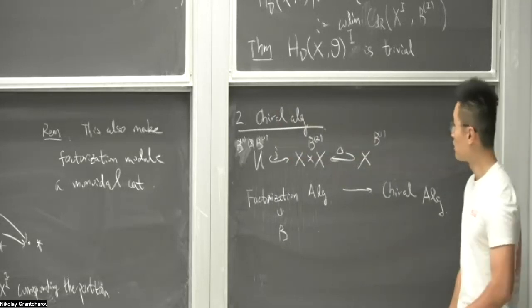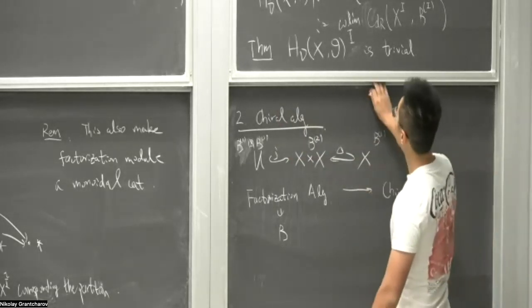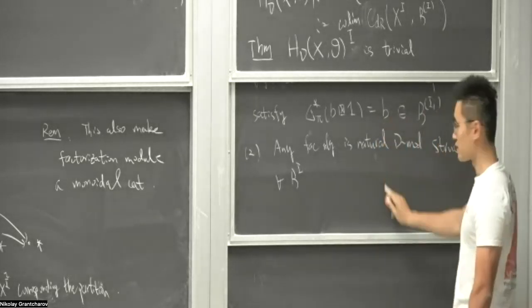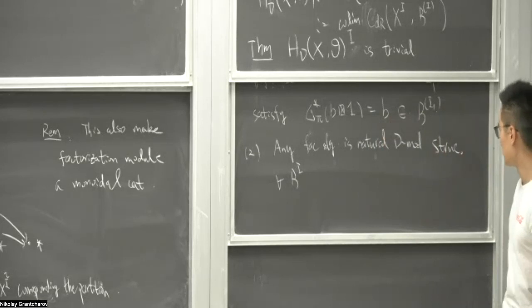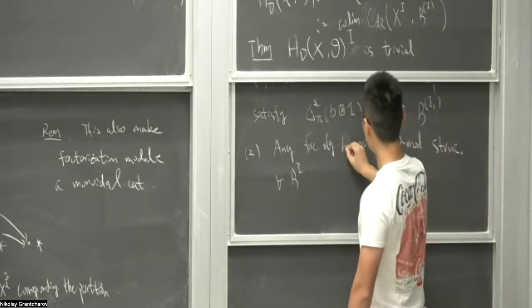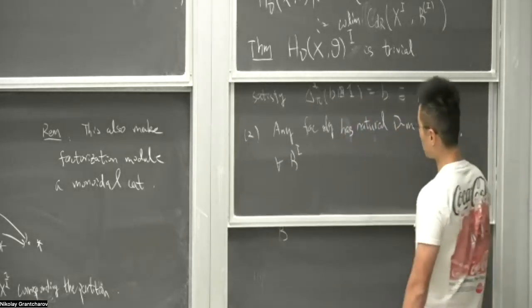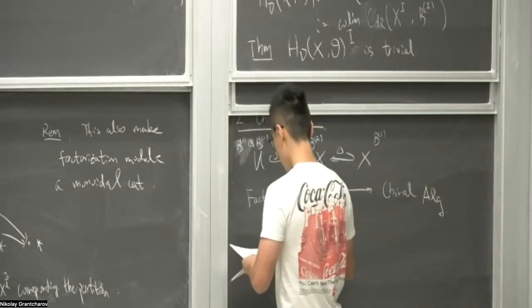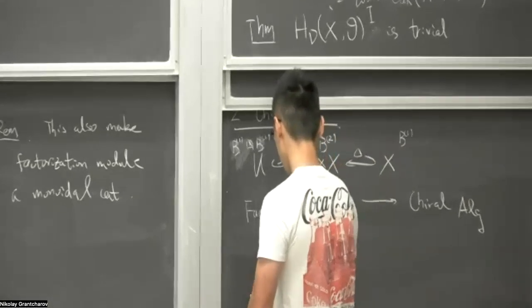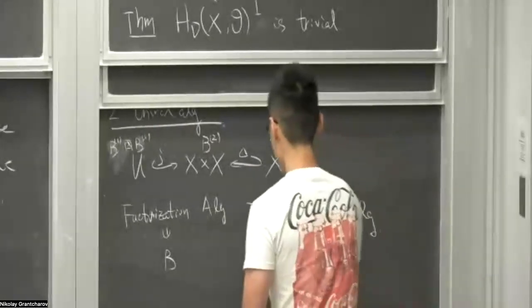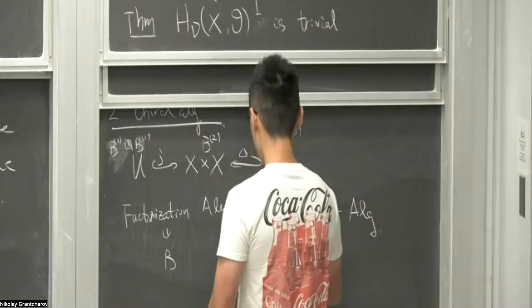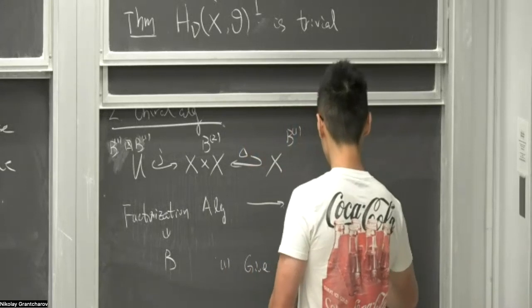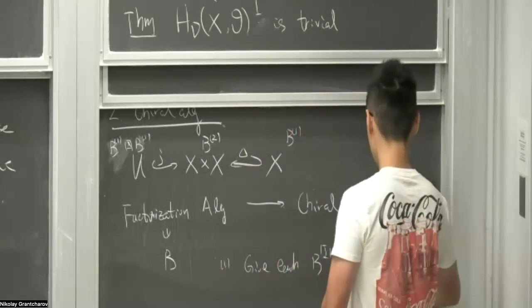Okay, so first let me finish the remark here. Any factorization algebra naturally has a D-module structure.